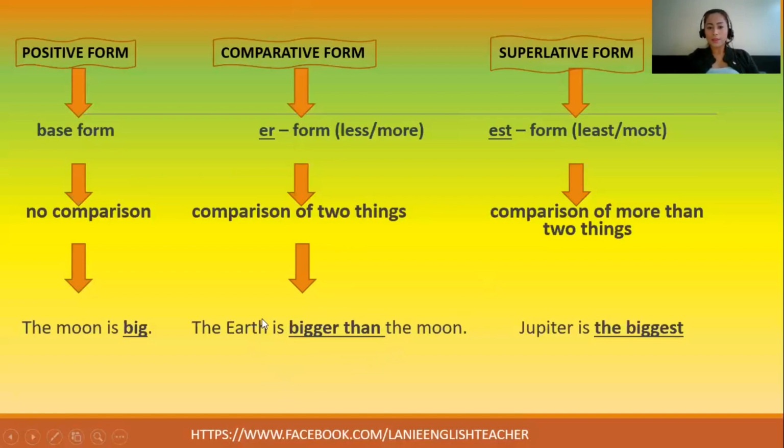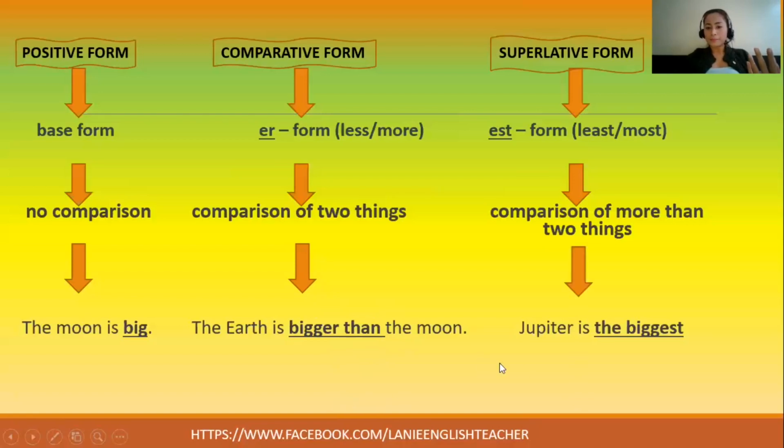Earth is compared to moon. So two comparisons here, that's why we use bigger. And have you not noticed that there is the word than after the adjective bigger? This is one thing that also signals that the adjective is in comparative form.